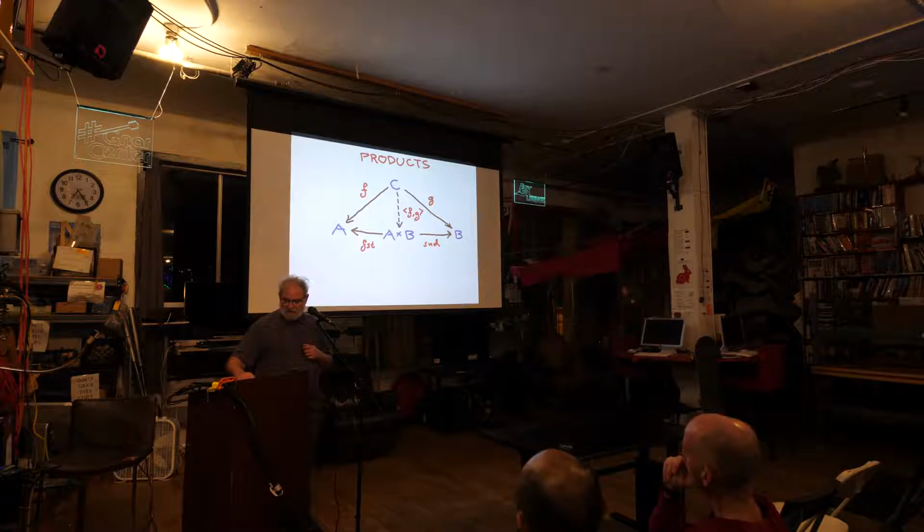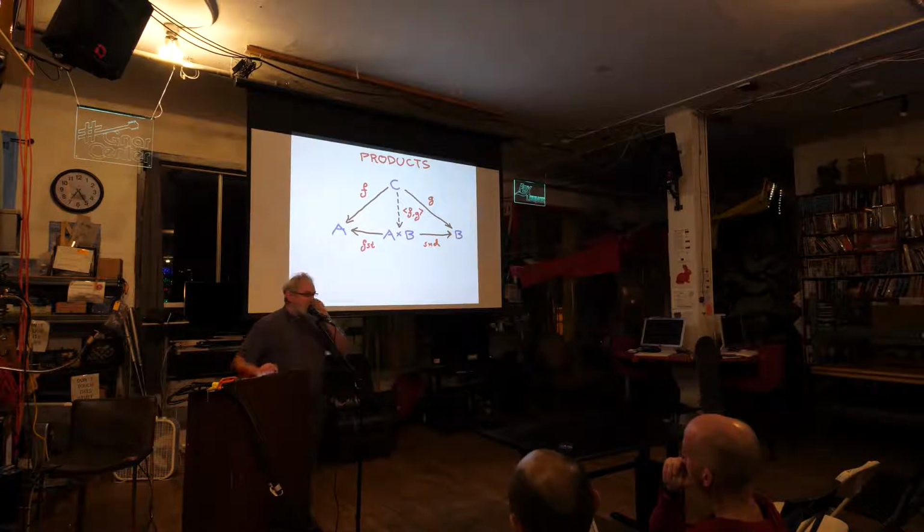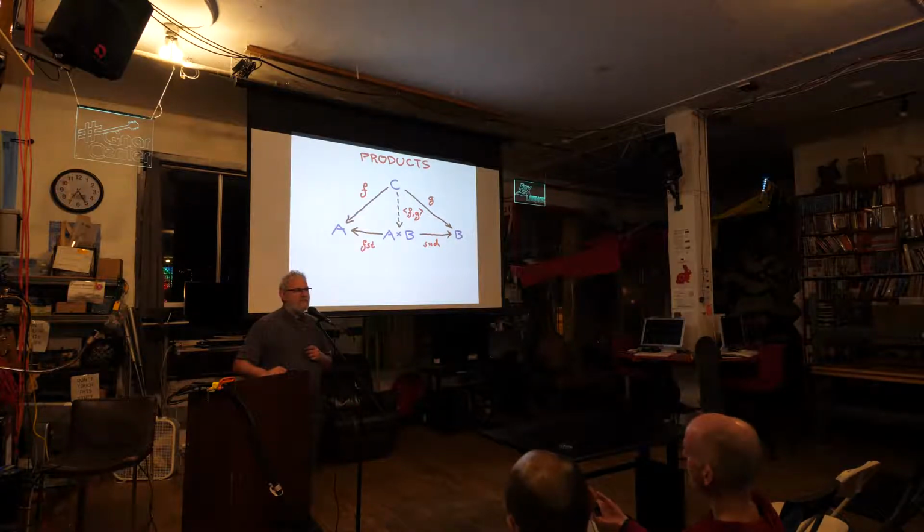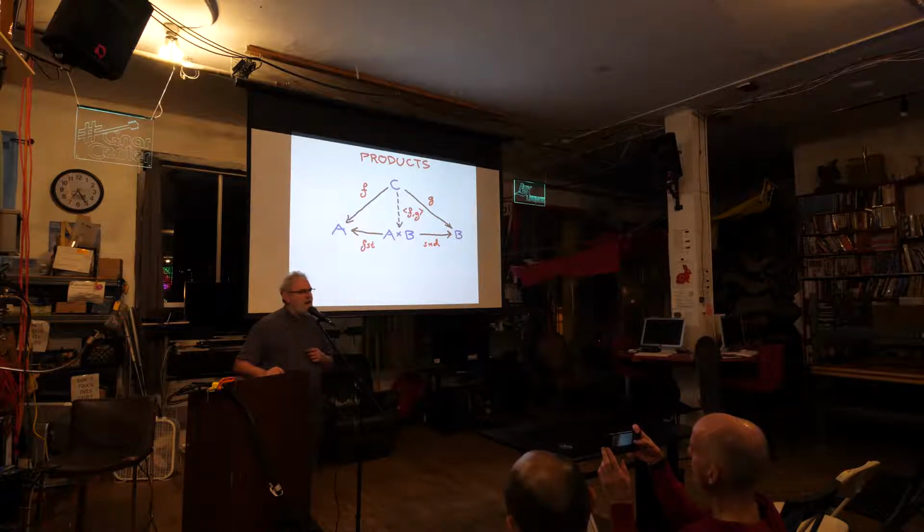First of all, there's an arrow from A times B to A. It is called first. Second of all, there's an arrow from A times B to B. It is called second. Third, for every other object C, if I have an arrow F from C to A and an arrow G from C to B, then there exists a unique arrow, which in category theory is written with a dashed line.